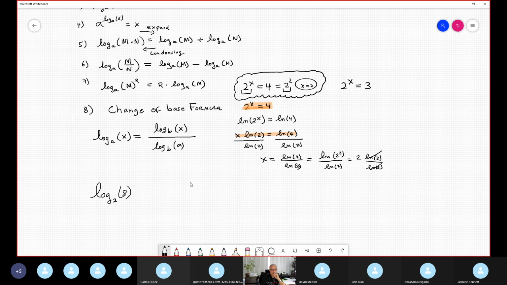One possibility is, you convert to exponential: the base is 2, the exponent is x, the answer is 8. But I know that 8 is 2 to the third power, therefore we have the same base in the exponential, therefore x equals 3. End of story.